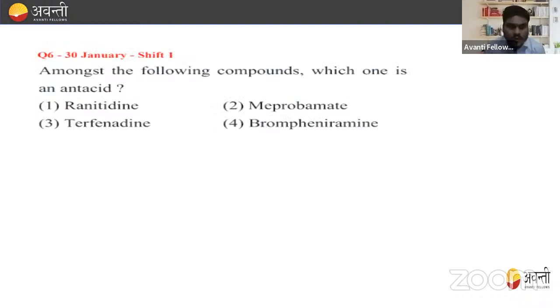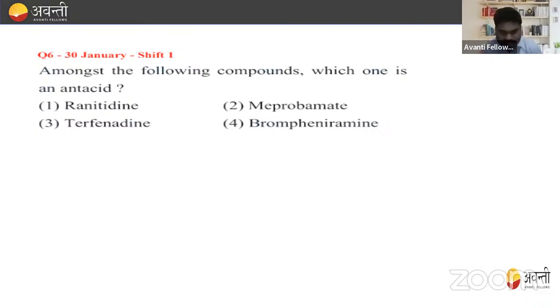Among the following compounds, which one is used as an antacid? What is antacid, beta? As the name suggests, antacid. Whenever we are suffering from acidity, or when excess acid is produced in our stomach, or when the amount of HCl in our stomach is more, then we use antacid.